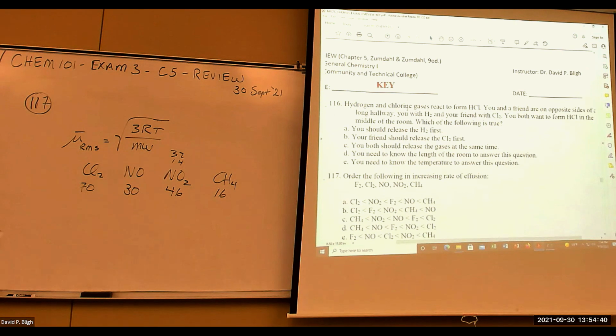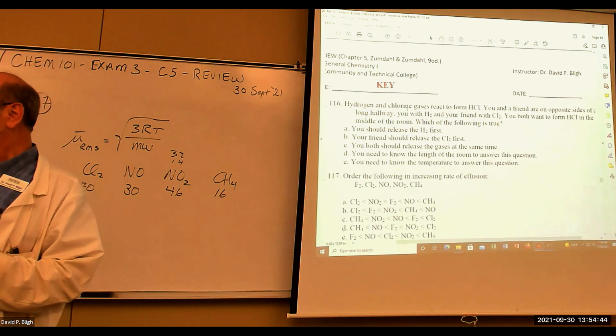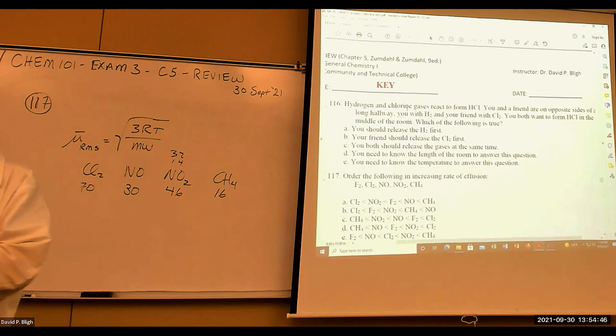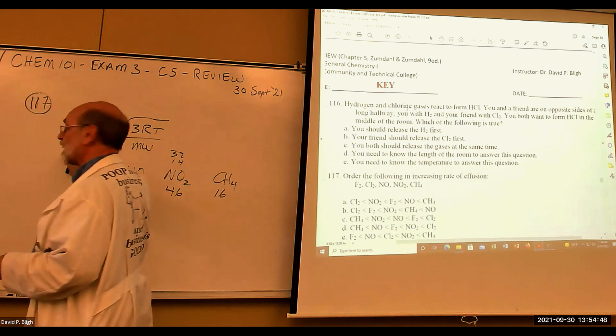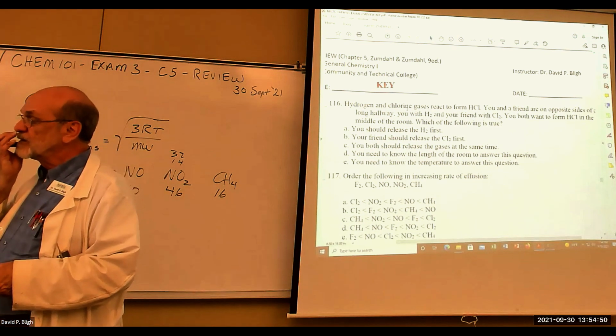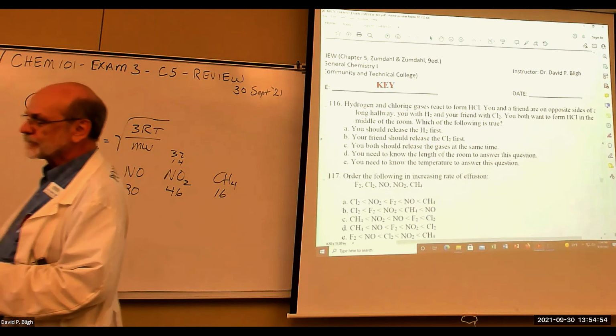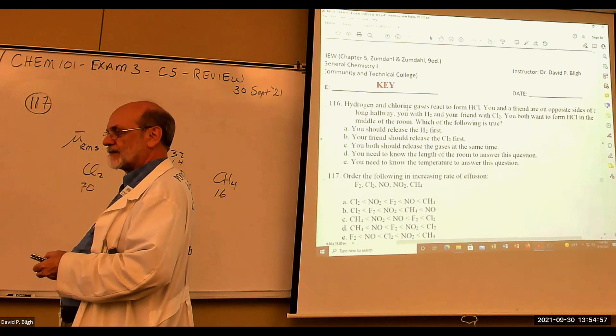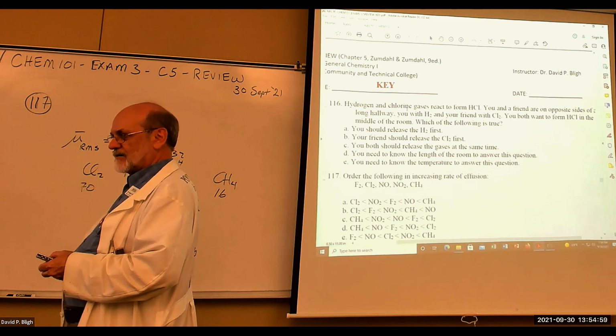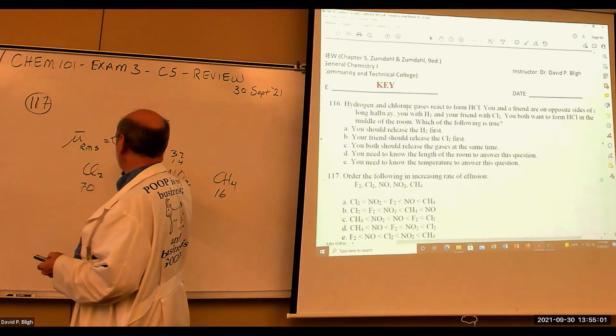You can define it in several different ways. One is how fast will it move through a porous screen? But it's all based upon this velocity. And the highest numbers came from the lowest because it was inverse. Right. They're inversely proportional. Okay.